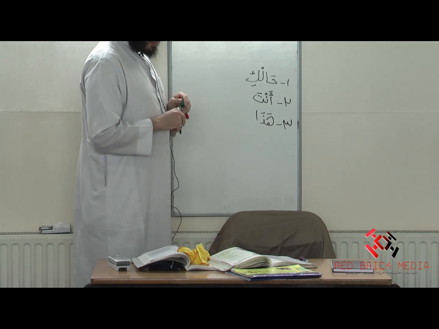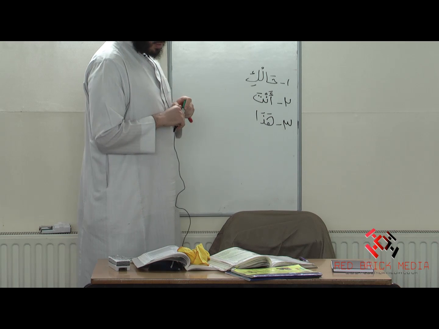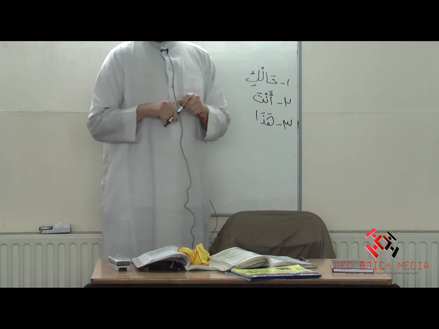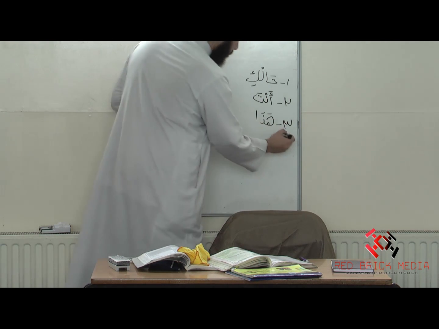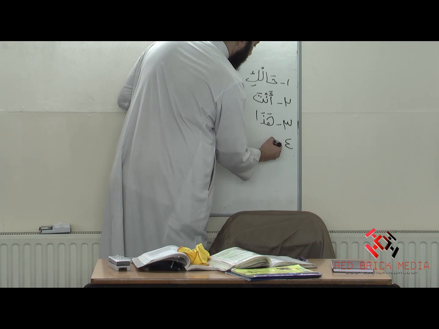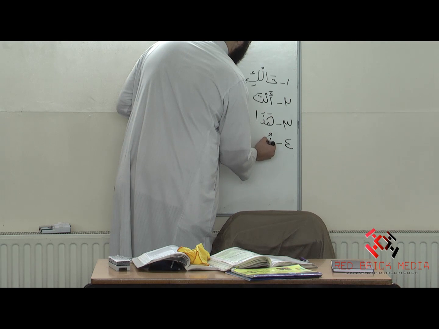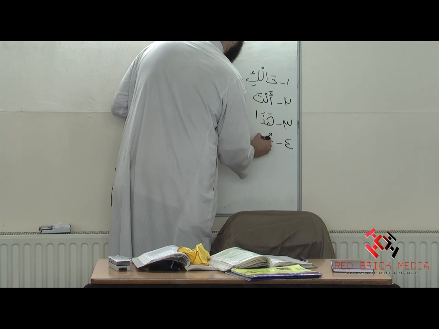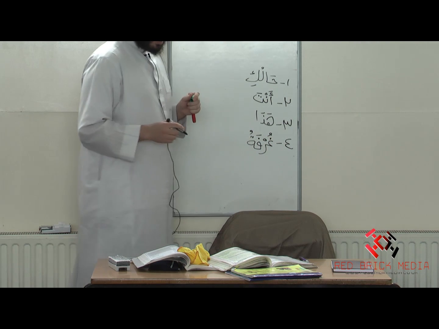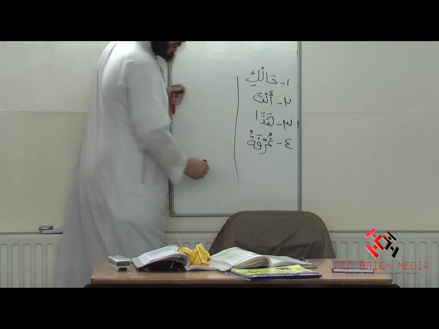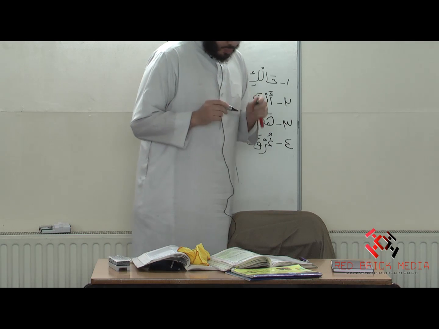The fourth one, brothers. Where is the problem? The fourth one should be a dhamma, غرفة. Number five.